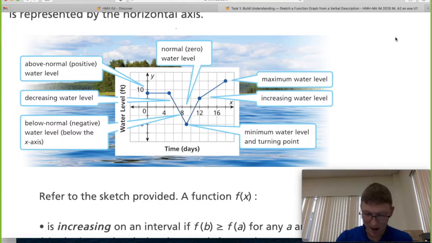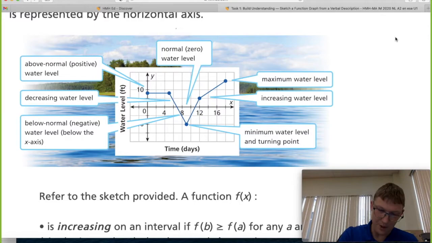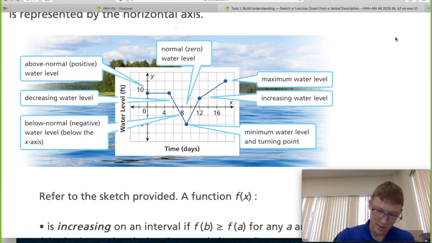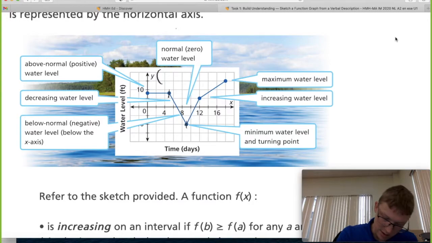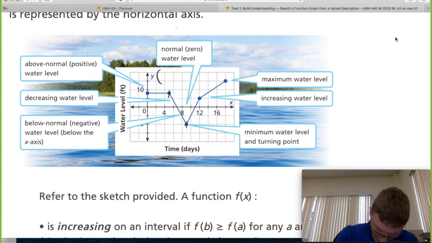By the way, I'm not going to be a stickler about this, but the book might be. If the question was, what interval is this graph decreasing, that would be from here to there. You would not include these dots. So they would be parentheses. So that would be like 5 to 9-ish.